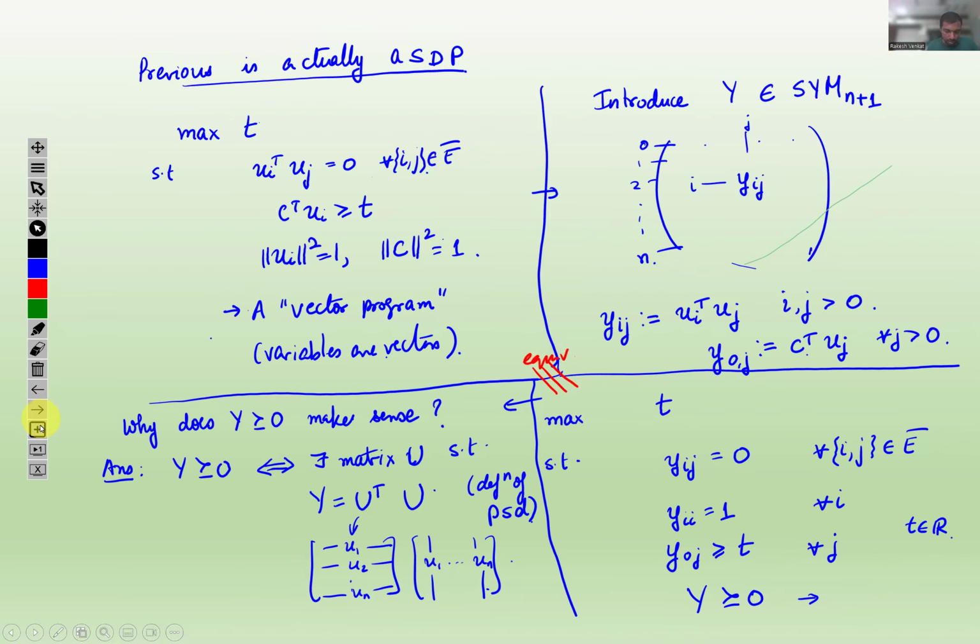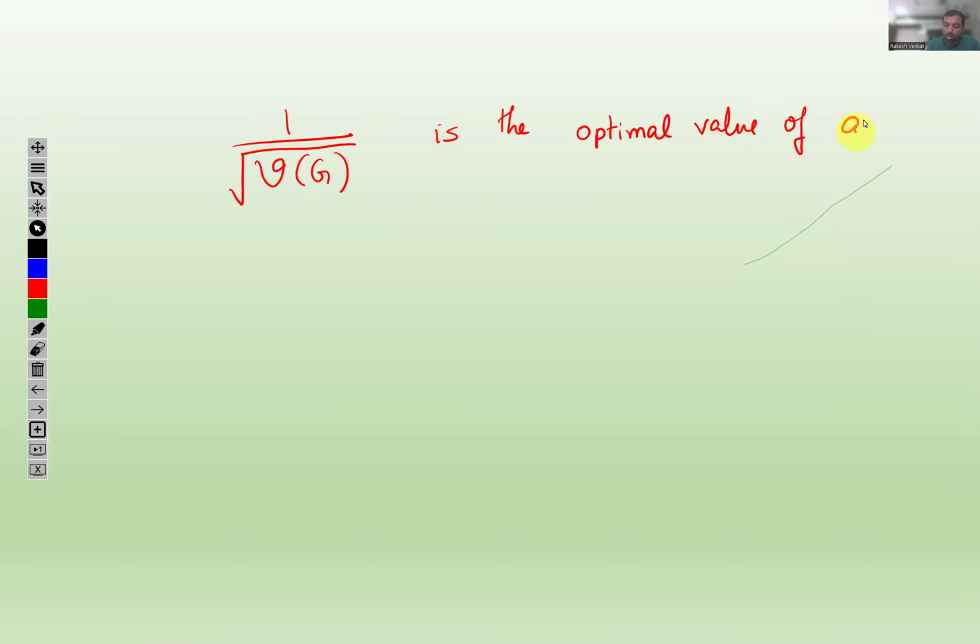So the takeaway from the previous one is that 1 over the square root of the theta function of a graph is the optimal value of a semi-definite program, which is another fancy word for an optimization problem that we know how to solve efficiently. So this is kind of the summary.